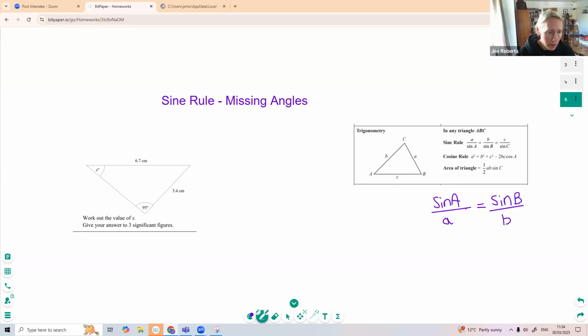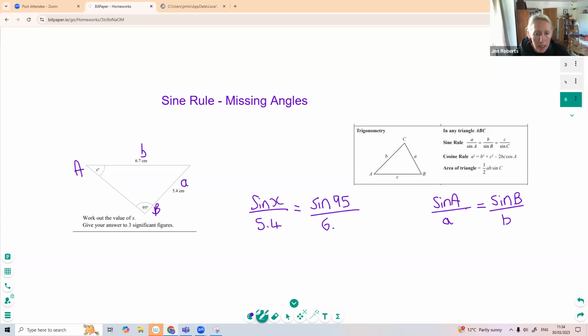It's not labelled, so I'm going to label this big A, little a, big B, little b. So here's my formula, sine A over a equals sine B over b. Let's sub in my values. Sine X over 5.4 equals sine 95 over 6.7.